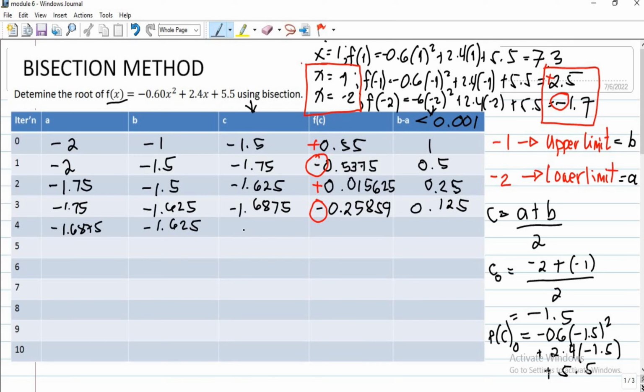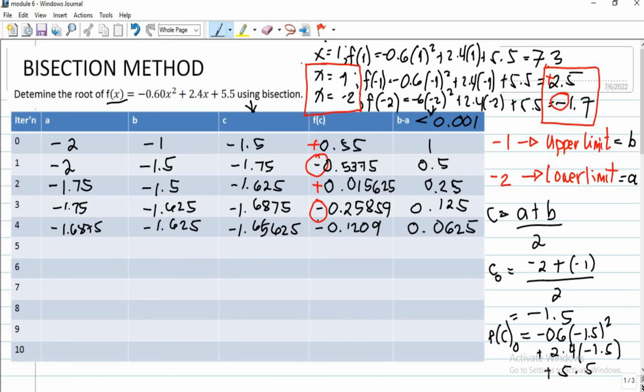And our C this time will become negative 1.65625. And our function of C is negative 0.1209. Ang ating difference ay magiging 0.0625. Okay, nasundan ba yung ginawa ko?